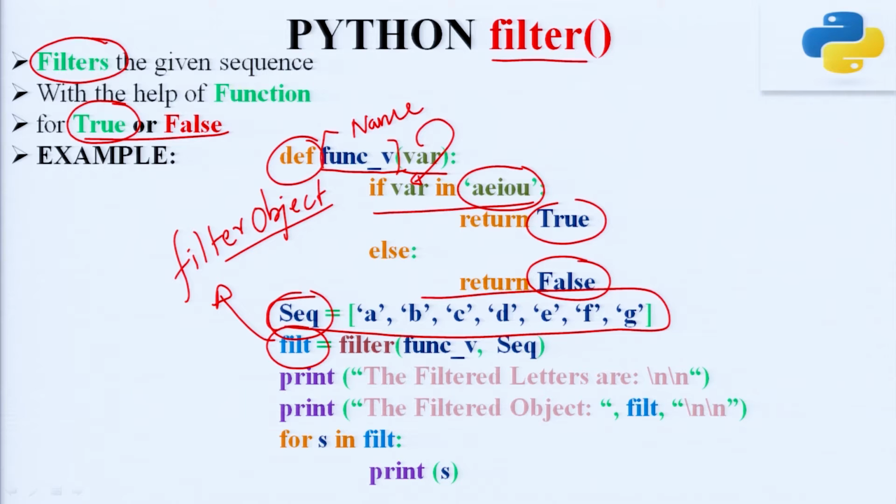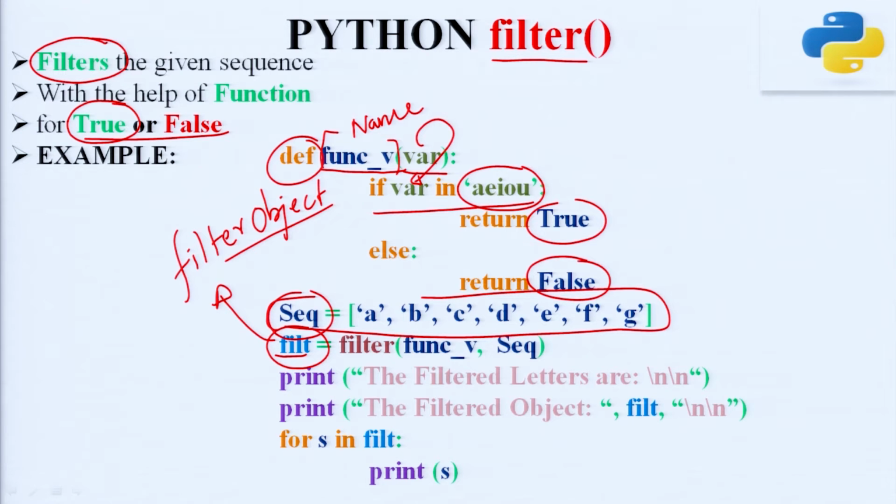Whatever data are represented, that data will be represented by this object, that is the filter object, but the name of the variable can be anything. You can put anything, except you need to follow the rules for naming a variable. In the previous lectures we have already covered the conditions in which we can put a variable name.